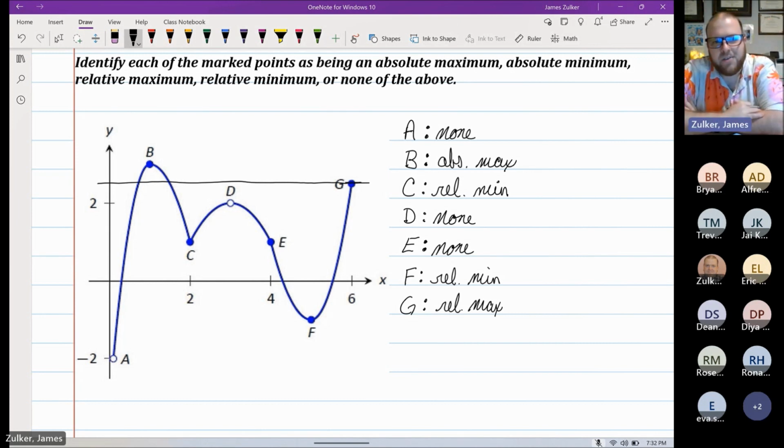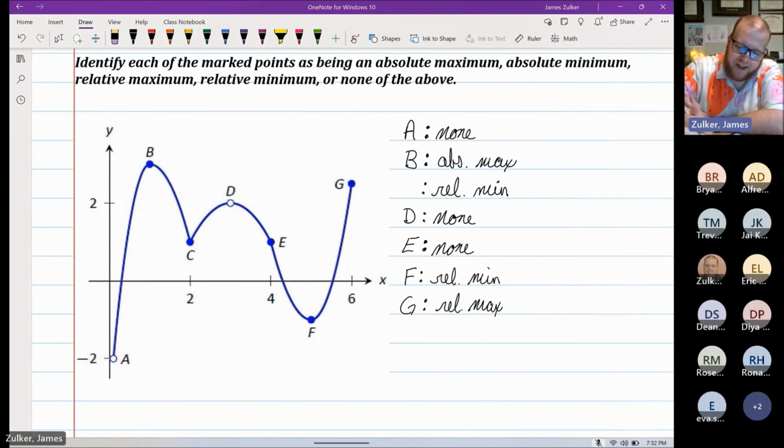There are values above it. That's why it can't be absolute. But you can find an interval where it is the largest. See that?